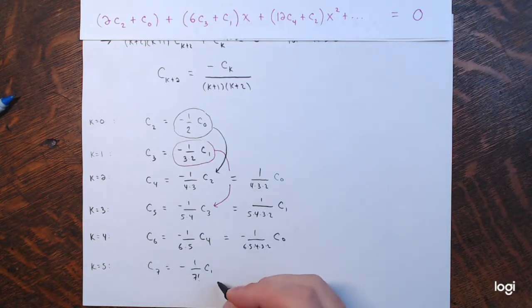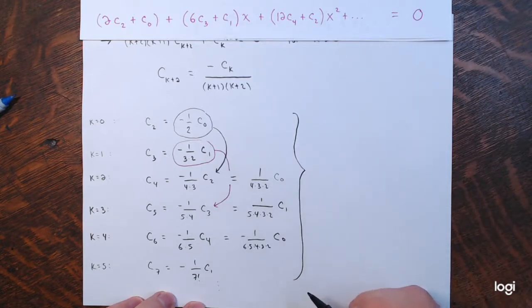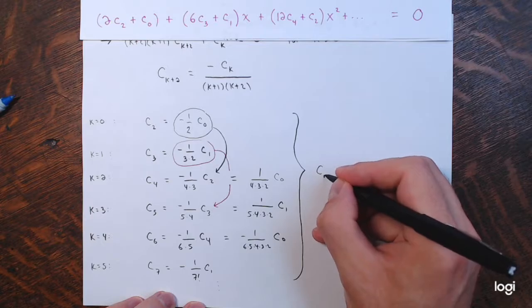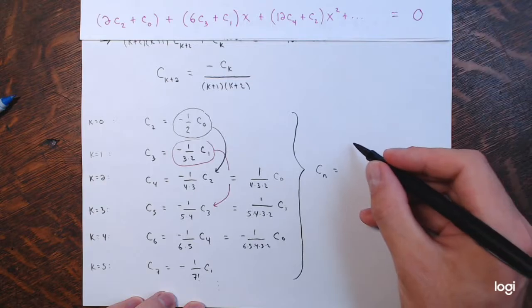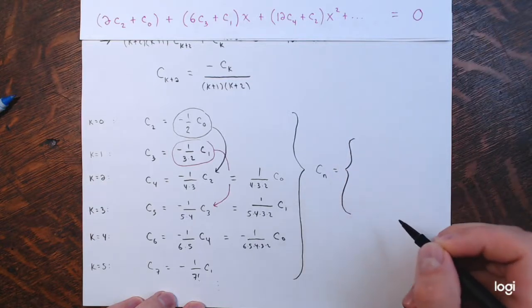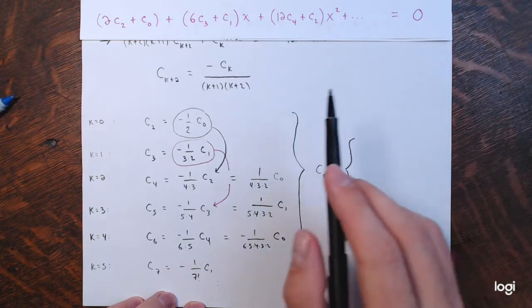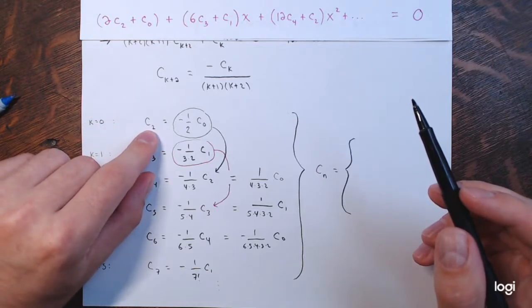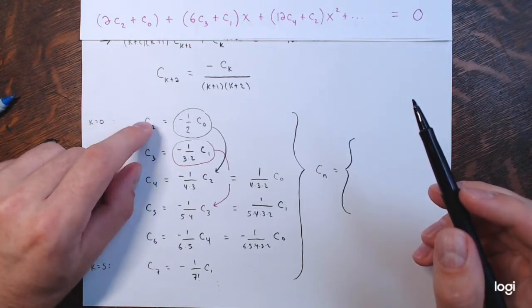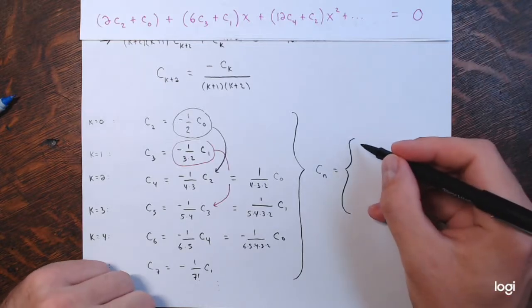All right. So in general, what I'm noticing here is that c sub n, the nth term of this sequence of constants, can be broken up into evens and odds.